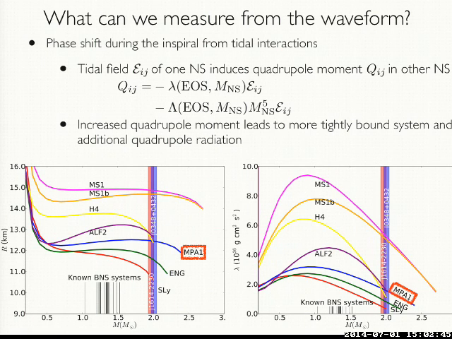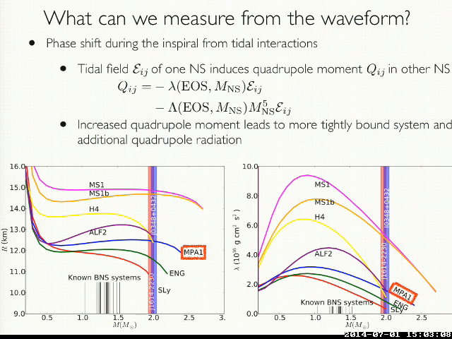So times the tidal field. And this is essentially roughly equivalent to the radius. So this is the Love number, K2, which is some dimensionless quantity, times the radius to the 5th power. And so what I'm showing here is just the radius as a function of mass for several different equations of state.